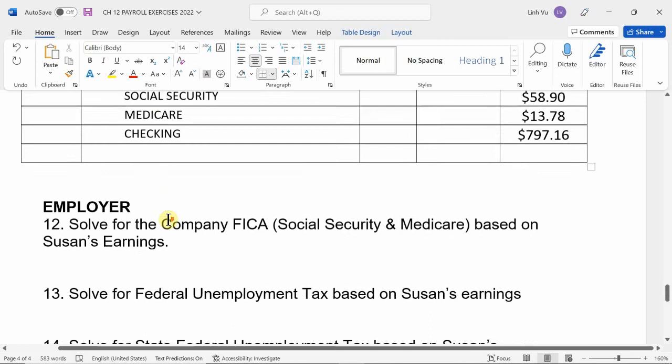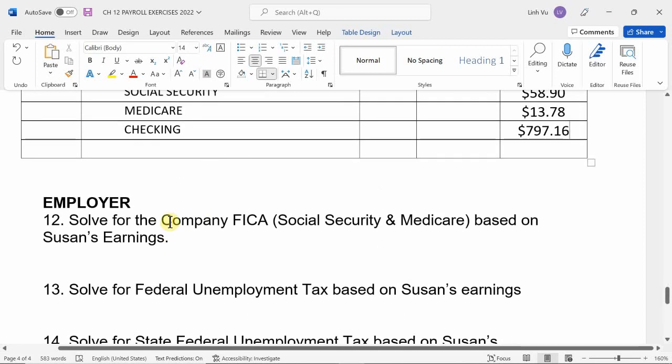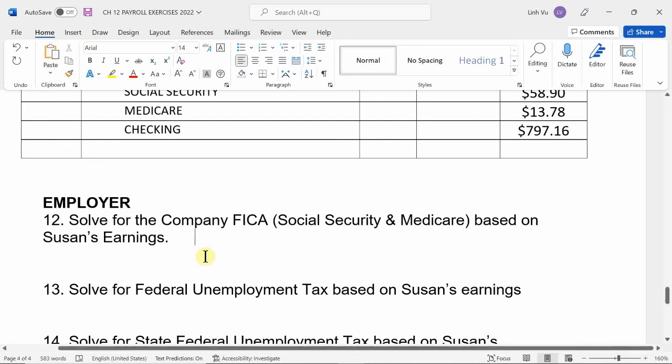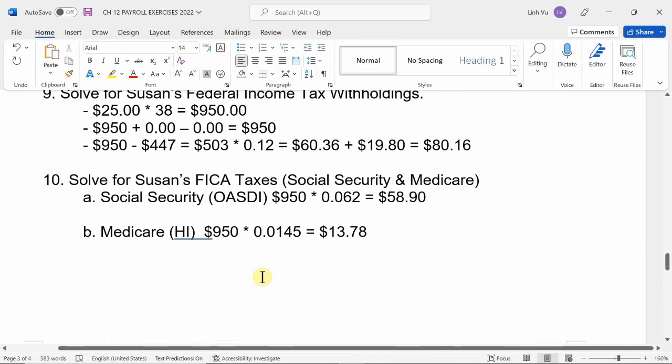All right. So now we need to figure out what our company responsibility is to pay for having Susan as an employee. The first thing is company FICA. What is company FICA comprised of? Social Security and Medicare, which we already calculated above.